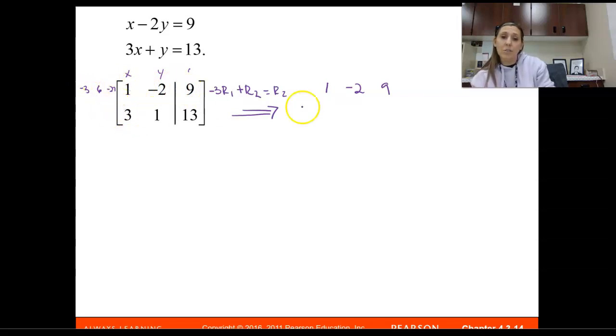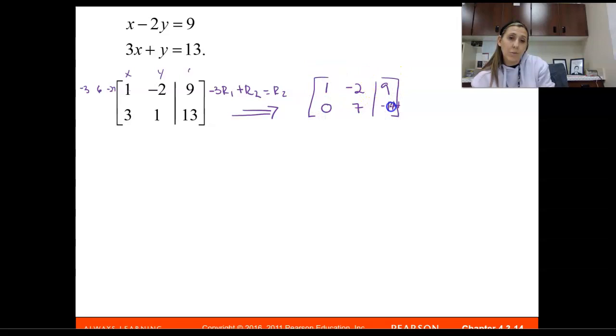So -3 plus 3 is 0. 6 plus 1 is 7. And then -27 plus 13 is, oh, duh, -14. It's been a long day. -14. Okay, so now that's my new row 2.